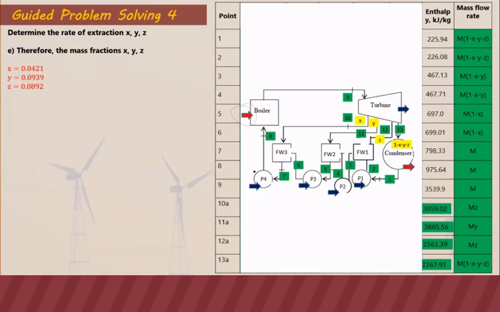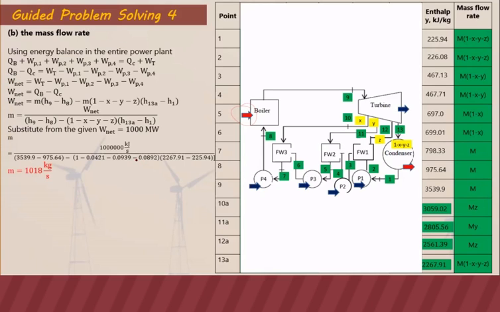The work input at the different pumps, 1, 2, 3, and 4 are also shown. So for the energy balance on the entire system, energy in are your heat input in the boiler and the work input in the pump. The energy out are the heat rejection in the condenser and the work output of the turbine.